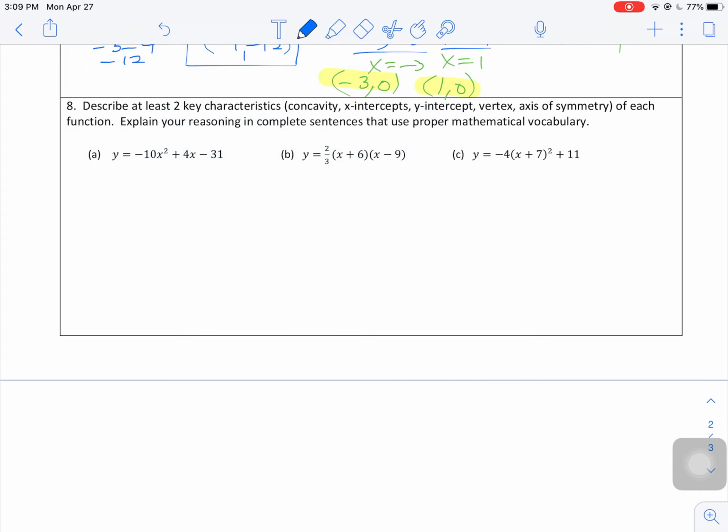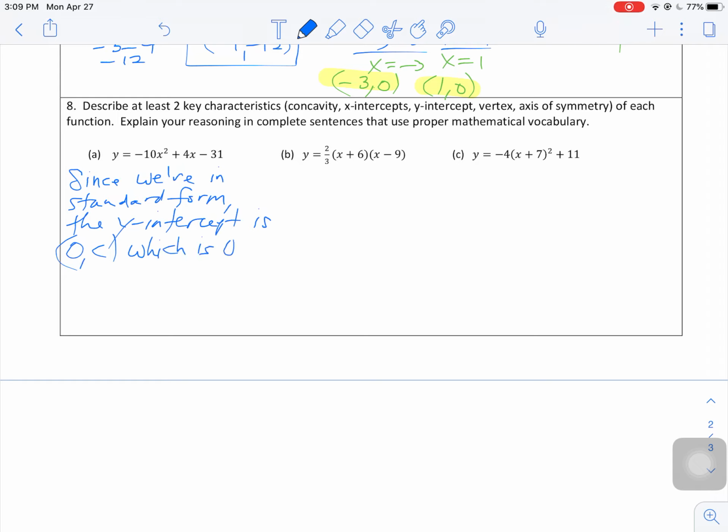So, for example, on this first one, since we're in standard form, the y-intercept is 0, c, which is 0, negative 31.